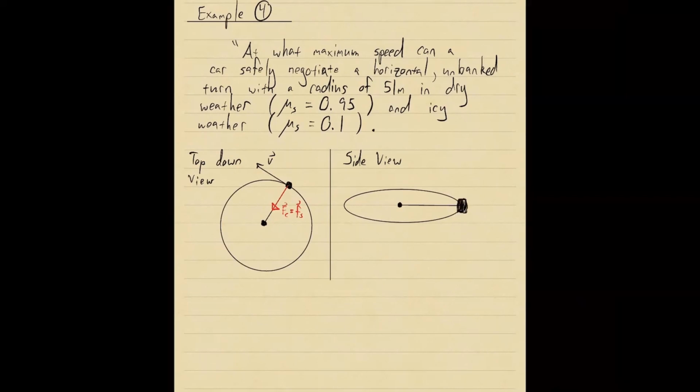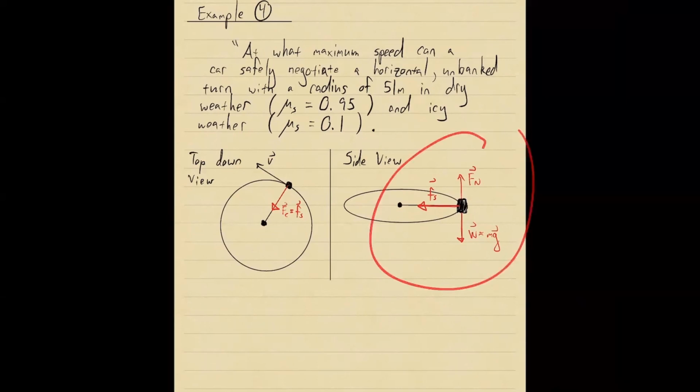Right, and there's a couple forces acting on this. So there's the normal force pushing up. It's the force of the ground pushing up on the car. You have the weight of the car pulling it down. And last but not least, you have the static frictional force on the car pulling it towards the center like this. So these are our pictures.